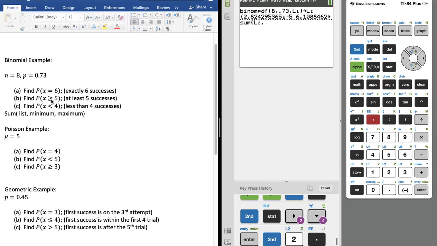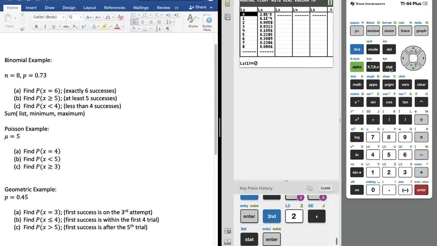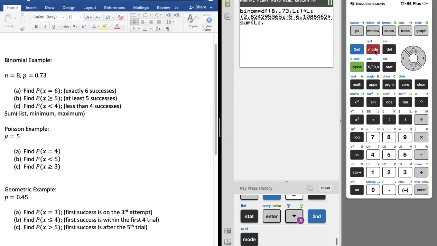And at least 5. So one thing you need to keep in mind is that this is looking at rows. So this is actually row 1, row 2, row 3, row 4, row 5, row 6. Okay, so the x value 5 actually corresponds with row 6. Okay, so I'm going to actually click on 6.